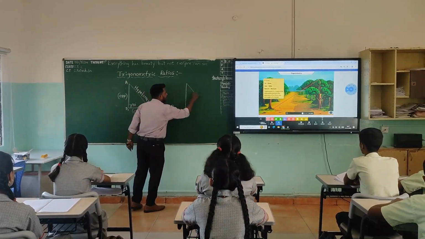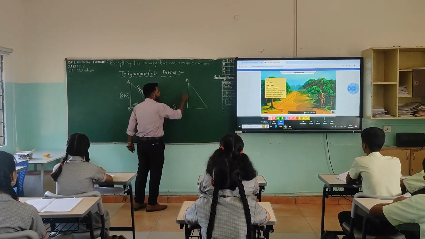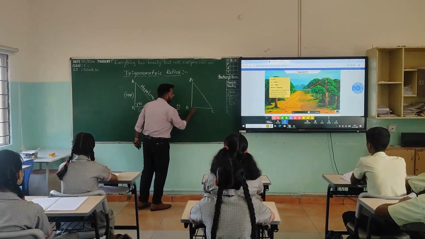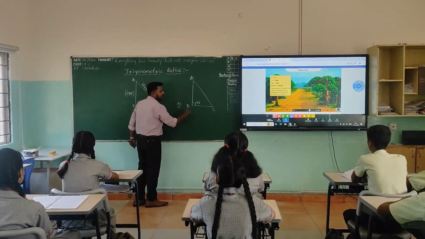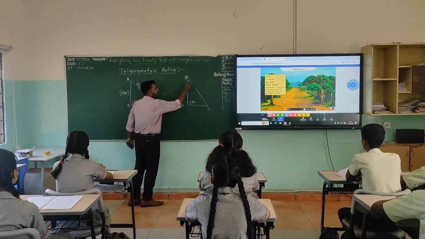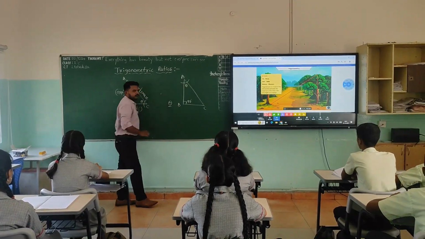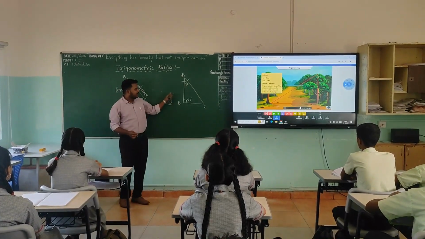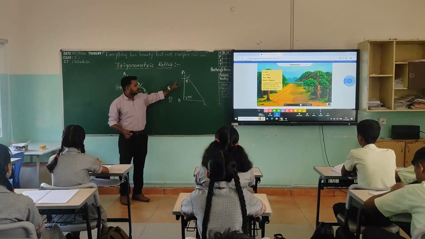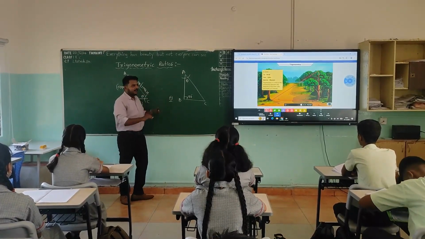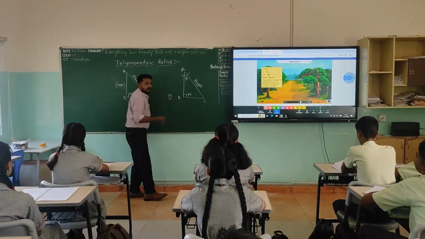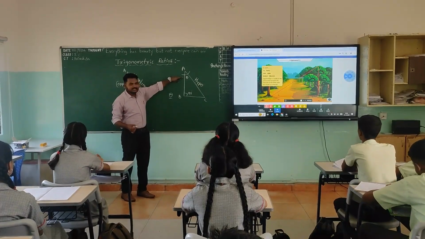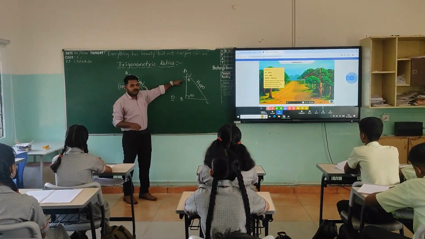One more example here. Same triangle, right angle triangle ABC, right angle at B, 90 degrees. Now I will take theta at A. Which is the hypotenuse, which is opposite, which is adjacent? First, the longest side is the hypotenuse, so AC is the hypotenuse. Next, the side opposite to theta is the opposite.